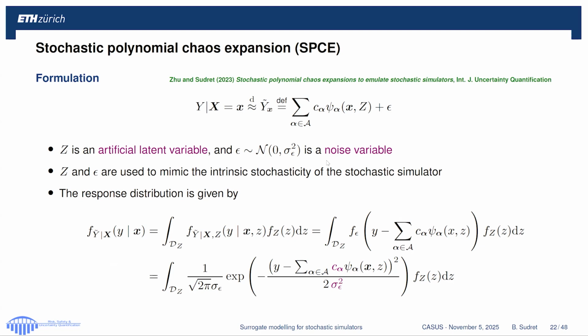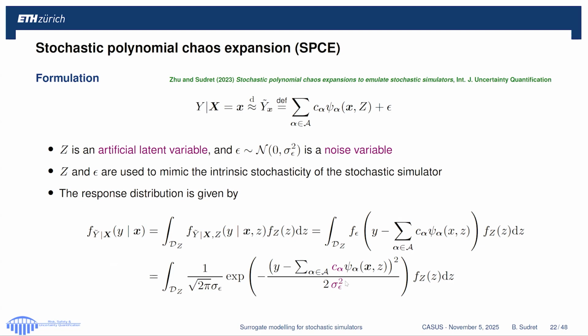If you fix the x and the z, you have just the distribution of a Gaussian variable. And z has a certain distribution of your choice; again, we typically use uniform. So you can make a convolution and solve the problem for just y given x. And that looks like this.